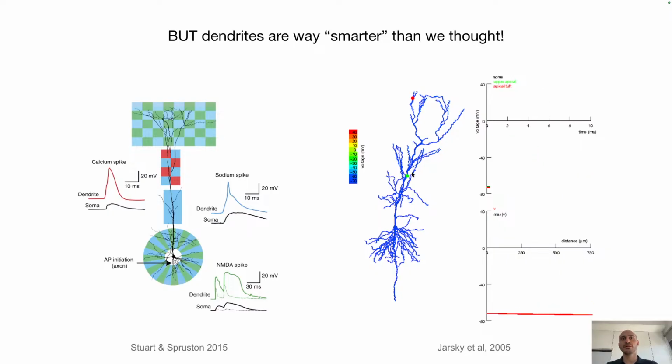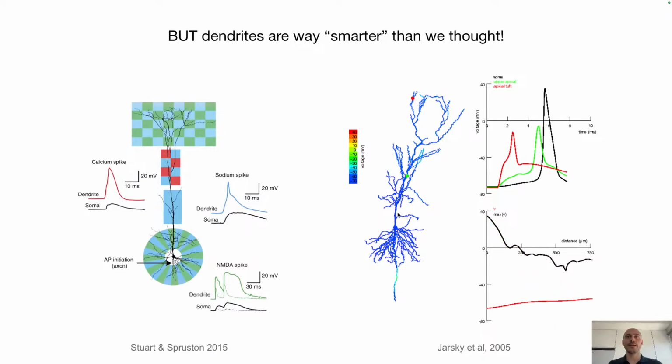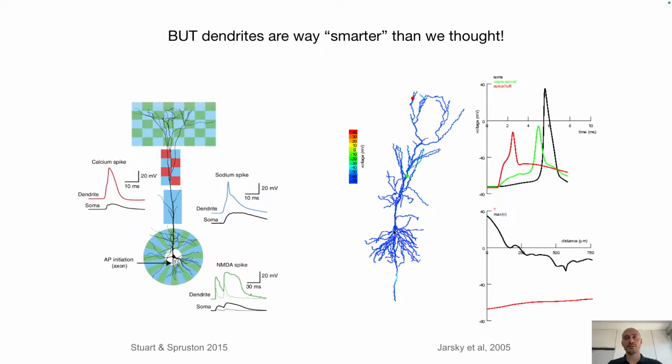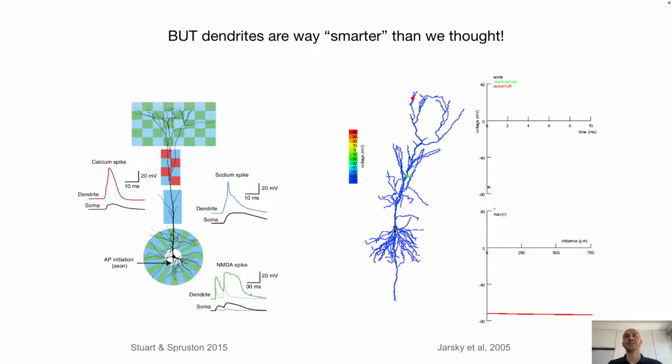Then, because there's some extra input proximal to the soma, this proximal input helps the dendritic spikes propagate along to the soma and the axon. Additionally, another thing you can see from this very beautiful simulation is that dendritic spikes do not have a single direction. They don't go only from the dendrites to the soma, but they can also backpropagate to other dendrites. For example, here you can see that after the axonal spike is initiated, there are also spikes that backpropagate to the basal dendrites of this neuron.